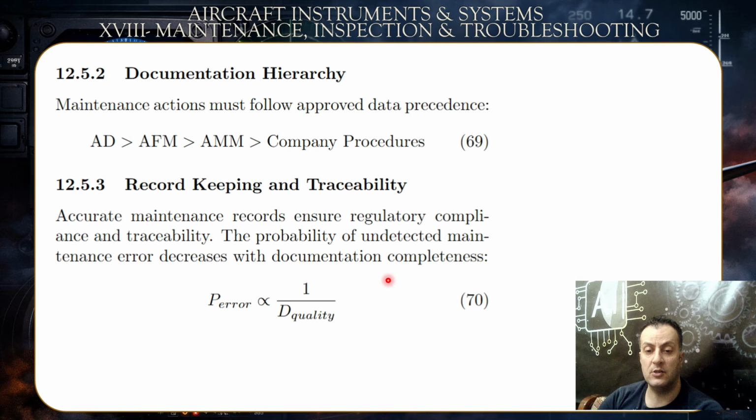The probability of undetected maintenance error decreases with documentation completeness, so you can keep a complete tracking of the instruments and the entire condition of the aircraft. The probability of error is proportional to the inverse of the quality of detection.